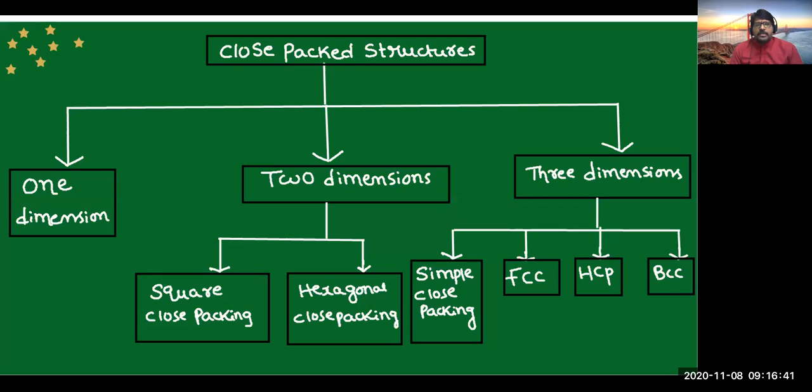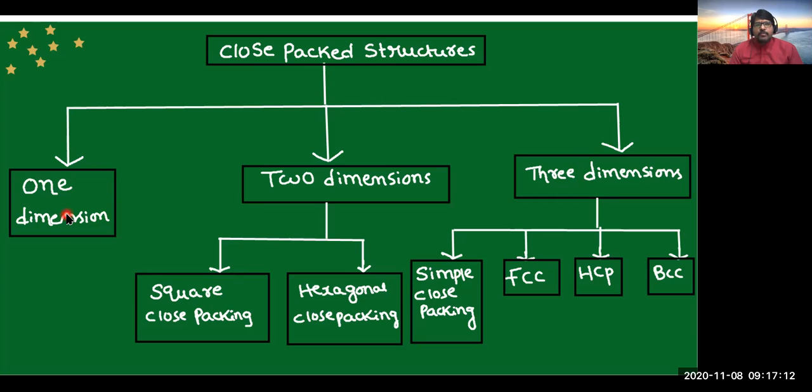Based on the orientation of constituent particles, they are divided into three parts: close packed in one dimension, close packed in two dimensions, and close packing in three dimensions. In this video, we'll be talking about one dimension and two dimensions. In the next video, we'll continue our topic with close packing in three dimensions.